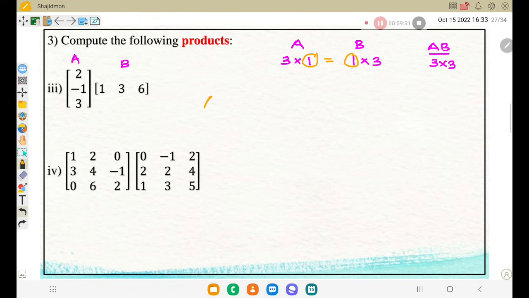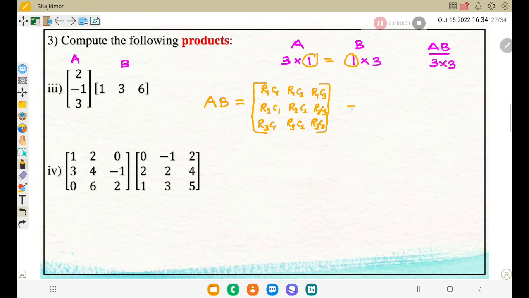So now I am calculating that AB matrix. Matrix AB equals a 3 by 3 matrix: R1 C1, R1 C2, R1 C3, R2 C1, R2 C2, R2 C3, now R3 C1, R3 C2, R3 C3, correct?